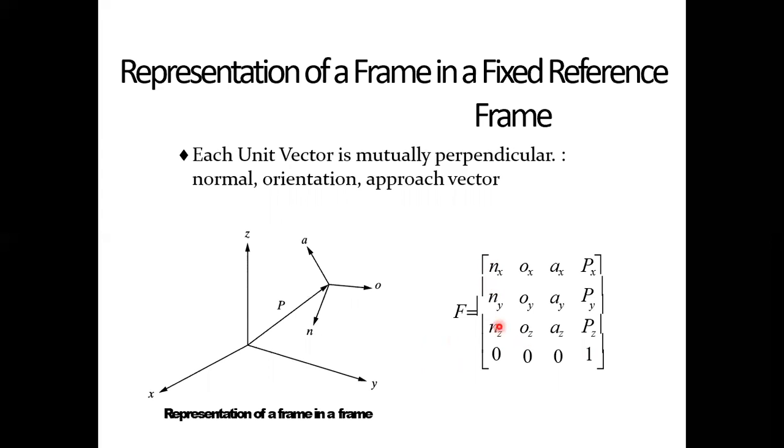So nx, ny, nz, ox, oy, oz, ax, ay, az are not connected with the origin point, so the scale factor for these will be 0. But P is connected with the origin, so we need to set the scale factor. You need to remember this: whenever a point is connected with the origin, you need to put the scale factor as 1. So this is the representation of a frame in a fixed reference frame.